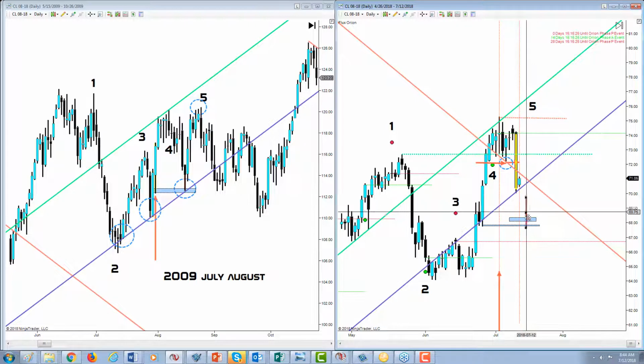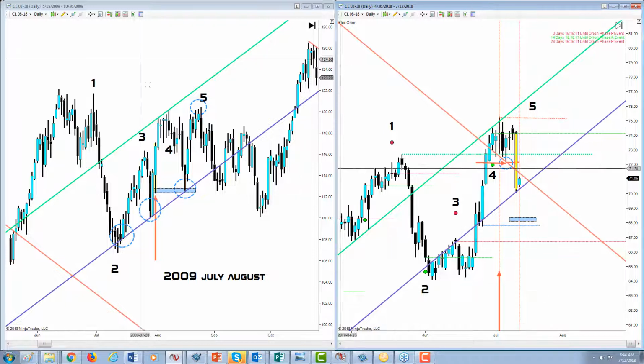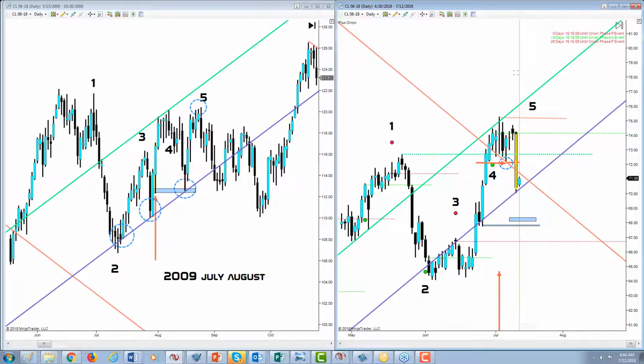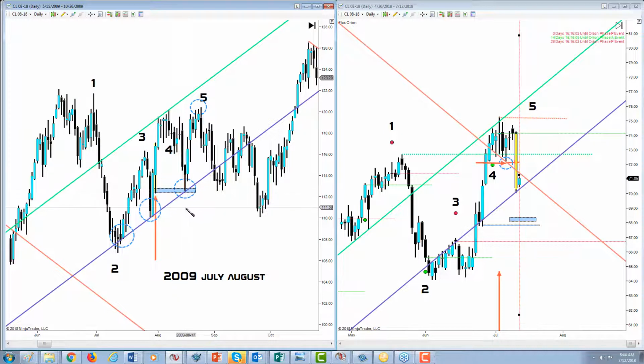And so what it says to me is that we may already be at that low point, and CL may go back up from here. Again, in terms of where we're at, I'll put the vertical line here. I think we're there.